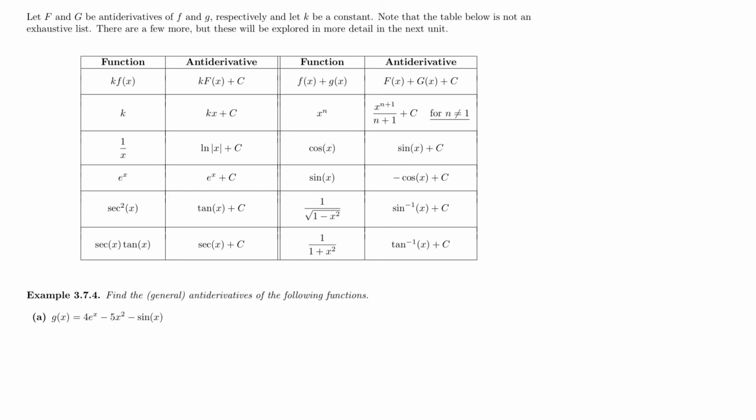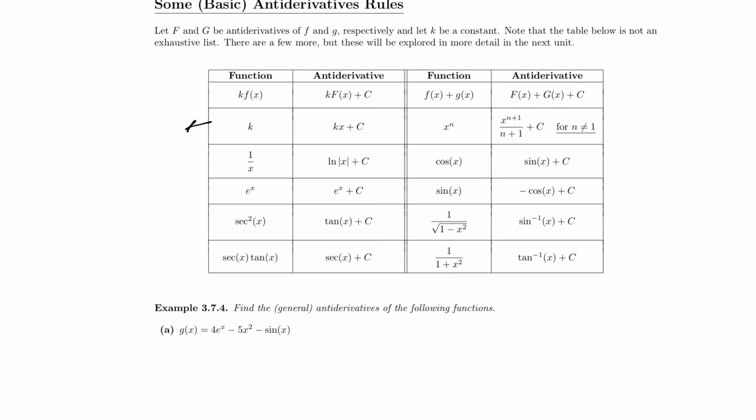If you have just a constant, so for instance, if the derivative is, let's say, 2, then the original function, which is the antiderivative, would be 2x plus c.